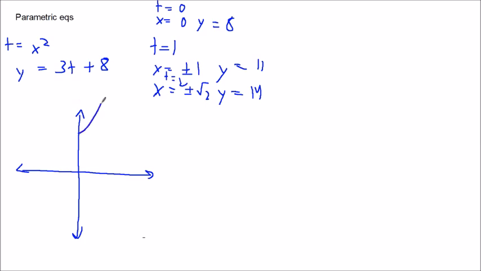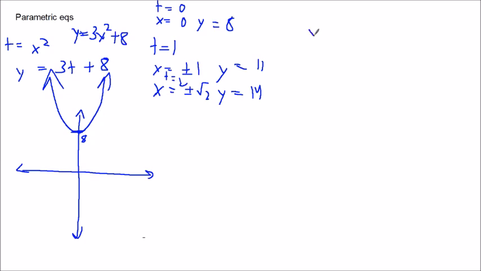So it's gonna go up like this, right? And like this. And this makes sense because when you put t equals x squared into this equation, you'll get y is equal to 3x squared plus 8, right?